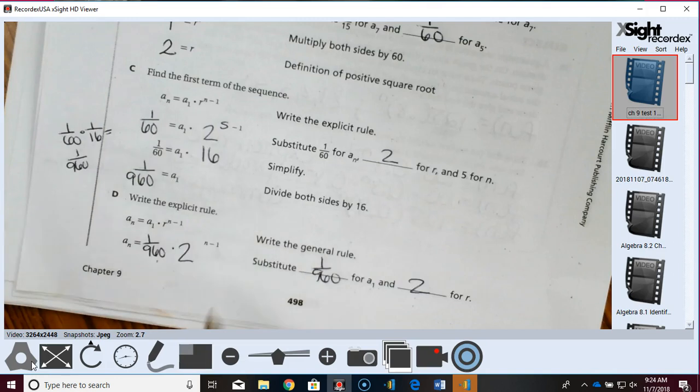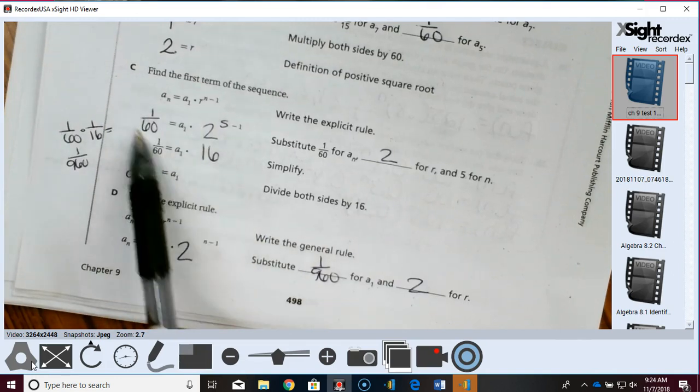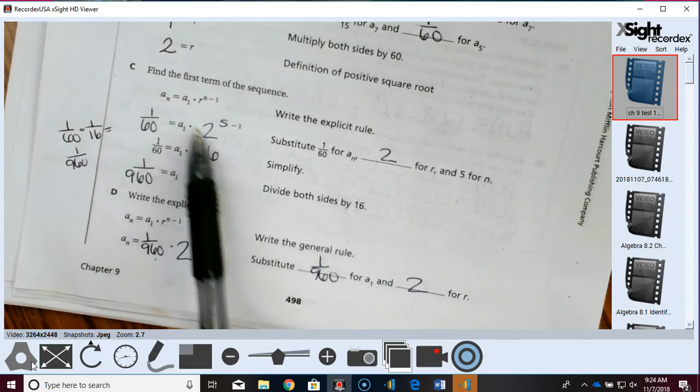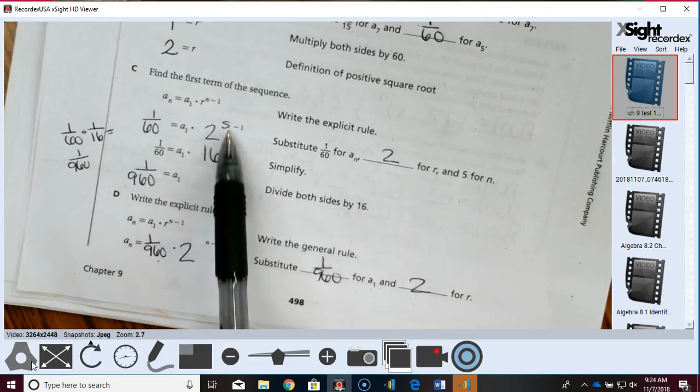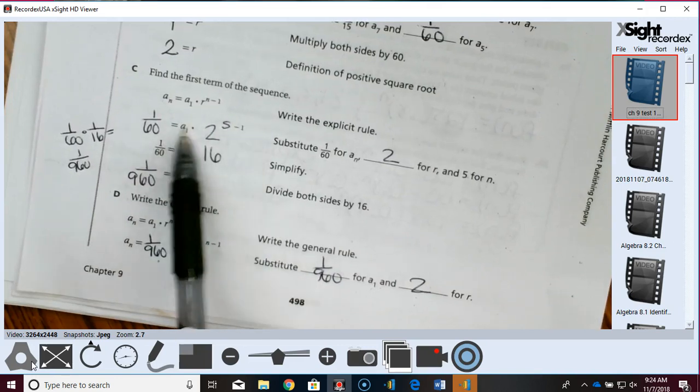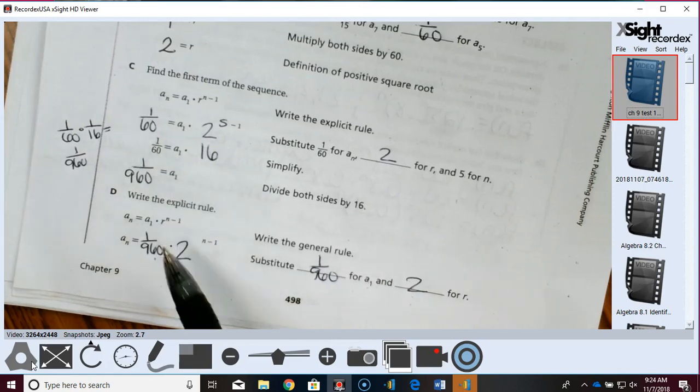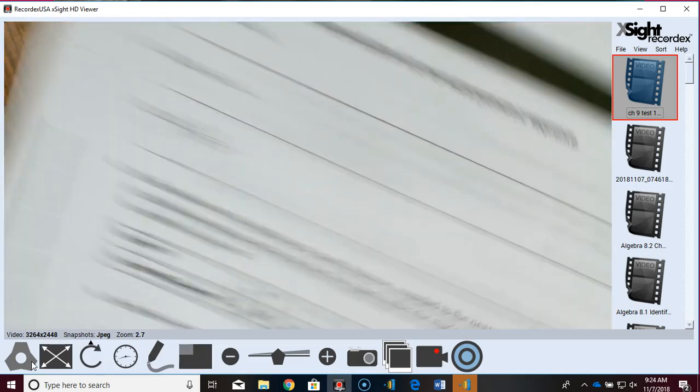So we plugged in the 5th term equals the first term times the common ratio to the 5th term minus 1. We're solving for the first term. Once we have the first term, we plug it back in to solve for any other term.